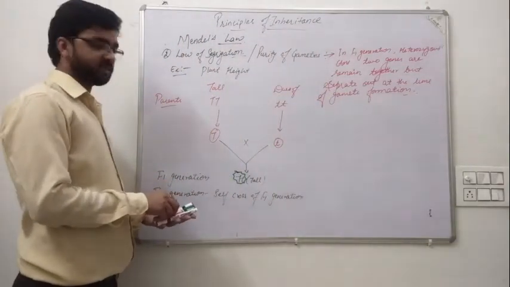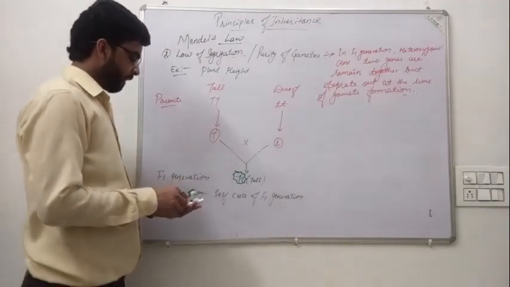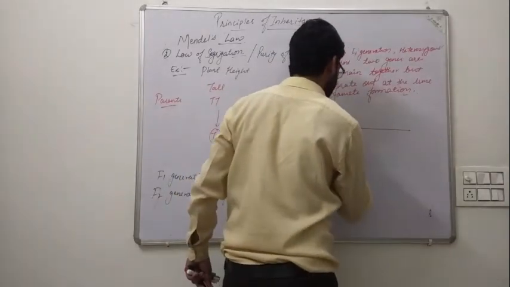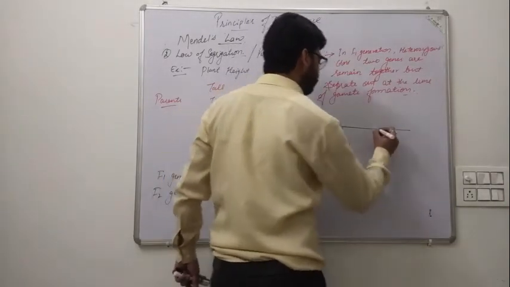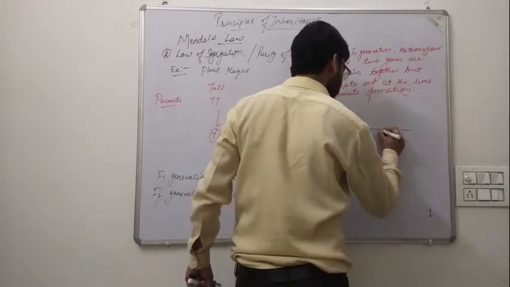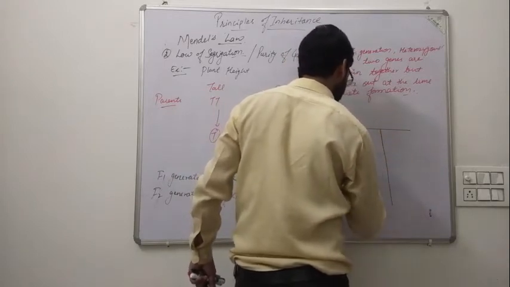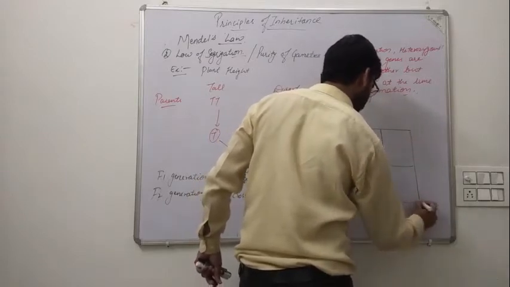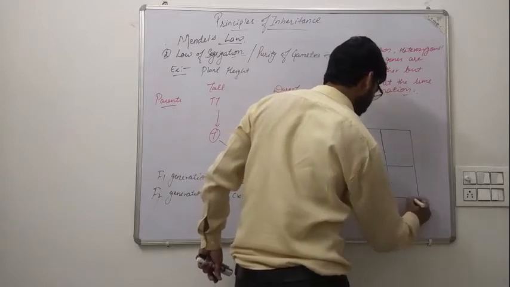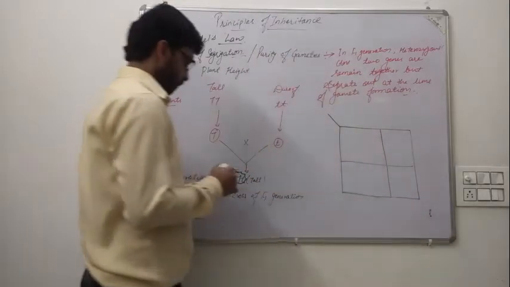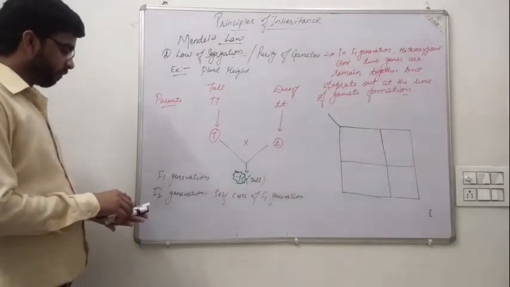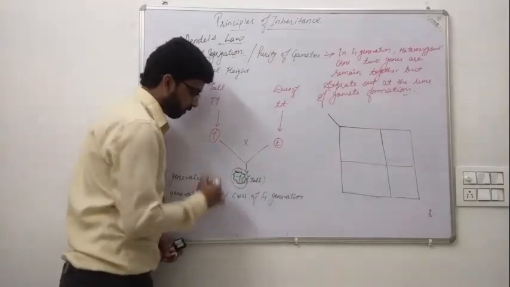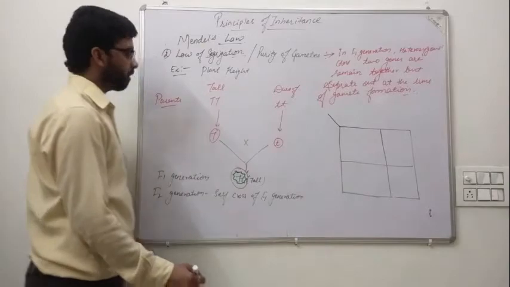Now what will happen in the F2 generation? For that, we again draw a Punnett square. First of all, we find out the gametes of capital T and small t.